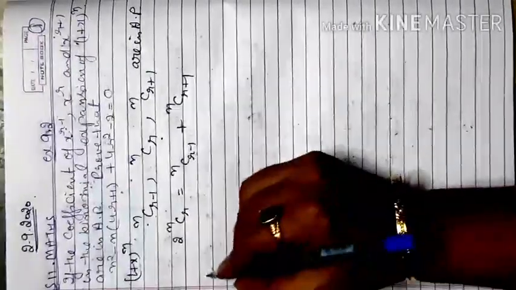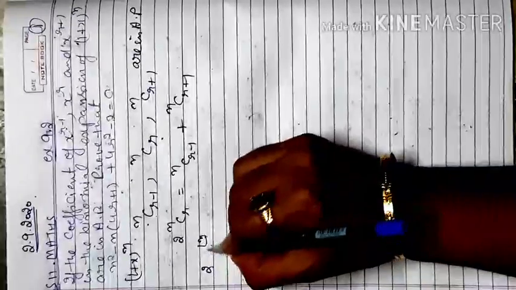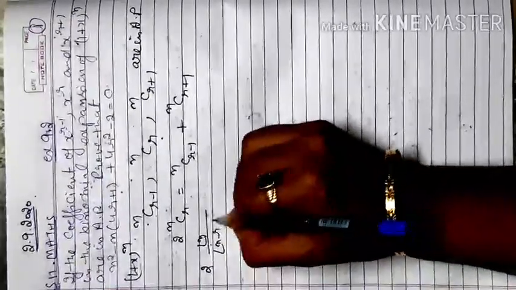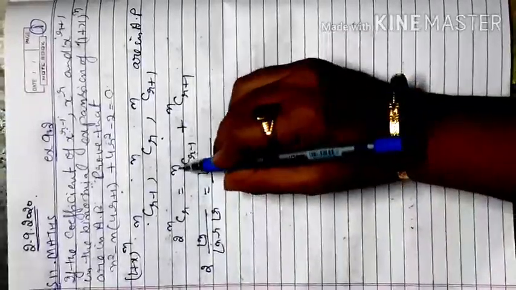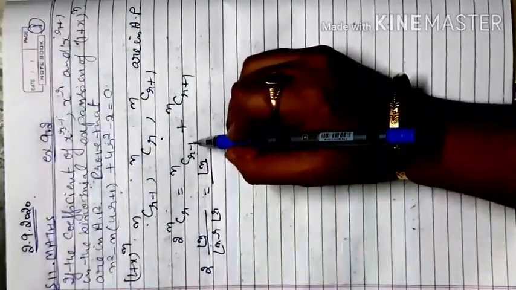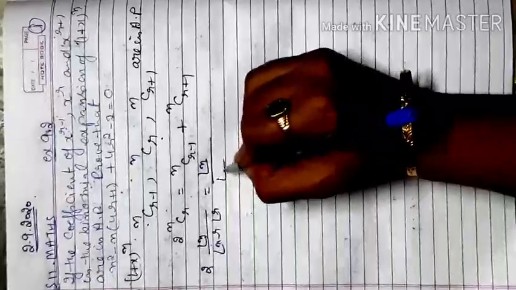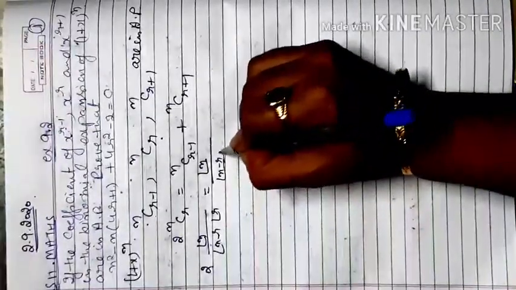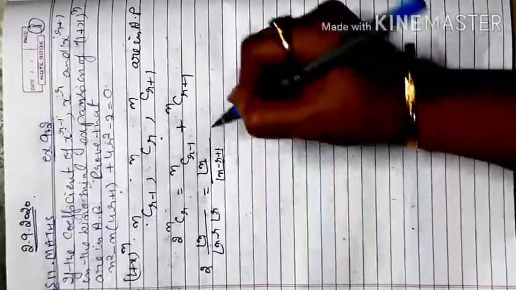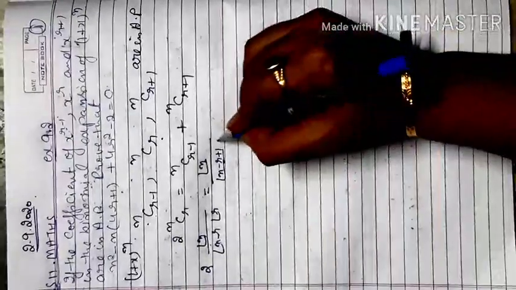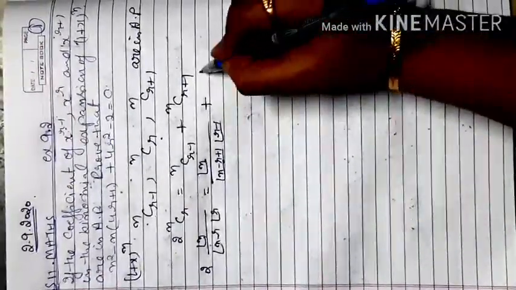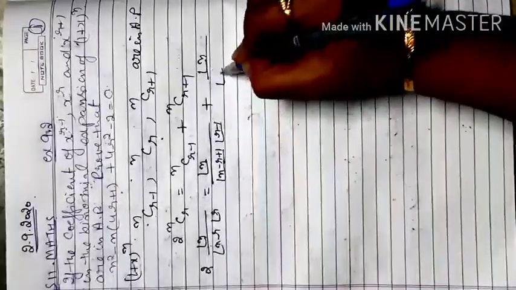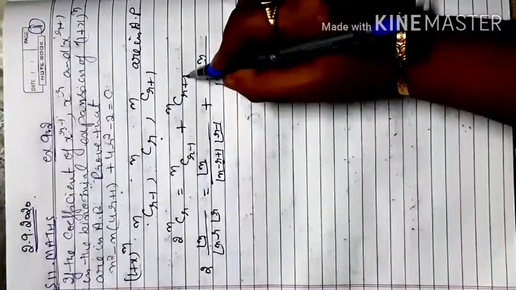Just directly open it. Here factorial n minus r, then factorial r. Here factorial n, and when you take n minus (r minus 1), that becomes n minus r plus 1. When you subtract, I directly open the bracket here, that becomes n minus r plus 1, then factorial r minus 1, and in this case factorial n minus (r plus 1) in the bracket.